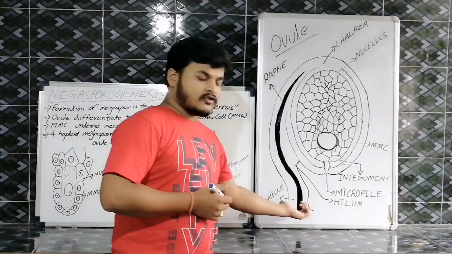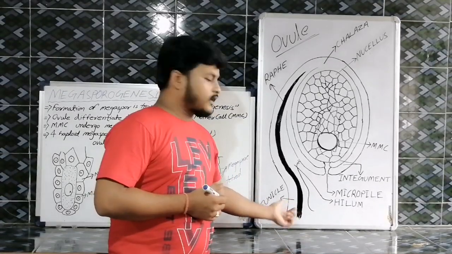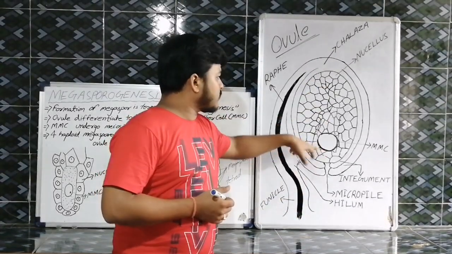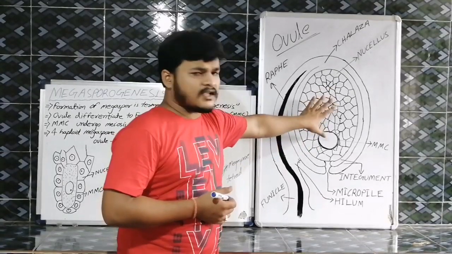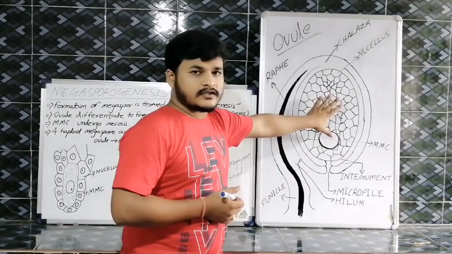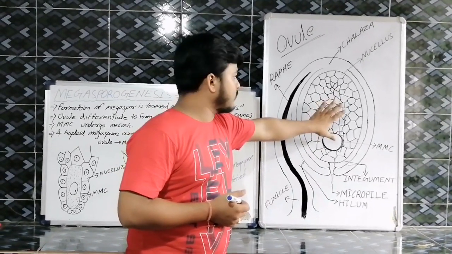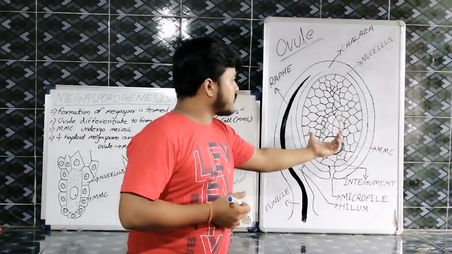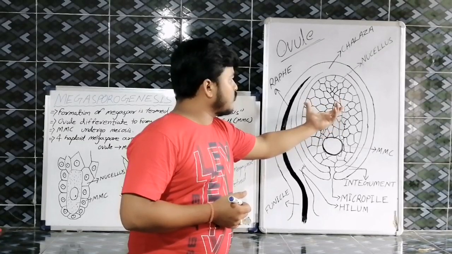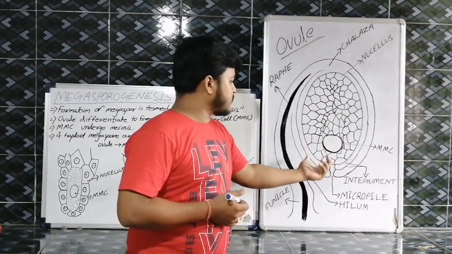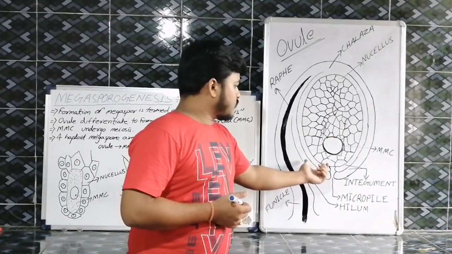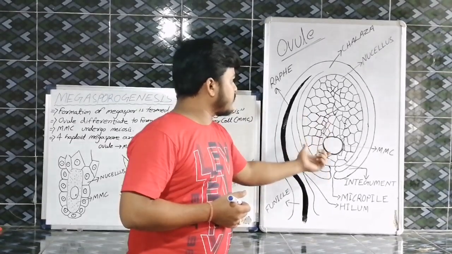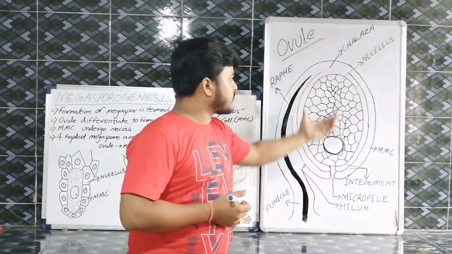The stalk-like structure is otherwise known as the funicle, and the body part consists of a large mass of cells which are 2n in number, that means diploid, which is otherwise known as the nucellus, and the nucellus is surrounded by two integuments, that means two overlapping structures which develop from the chalaza end.